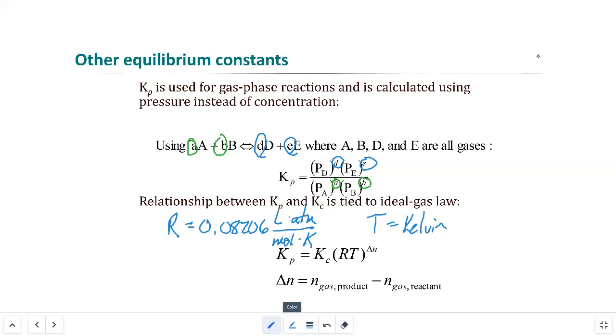So in those cases, it would be somewhat of an easy conversion, kind of a moot point. Just keep in mind, if delta N is a negative value, remember, negative means reciprocal. So what you're going to do, instead of multiplying by RT to the N, you would divide by RT to the N if it ended up being negative. That's really the only difference.